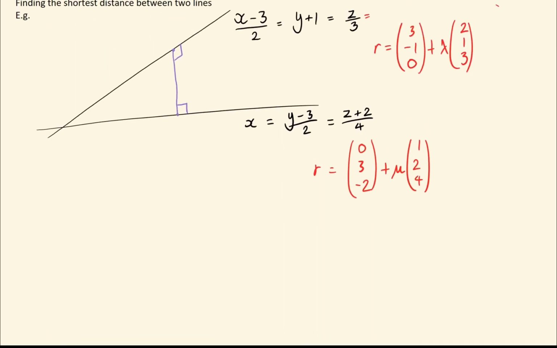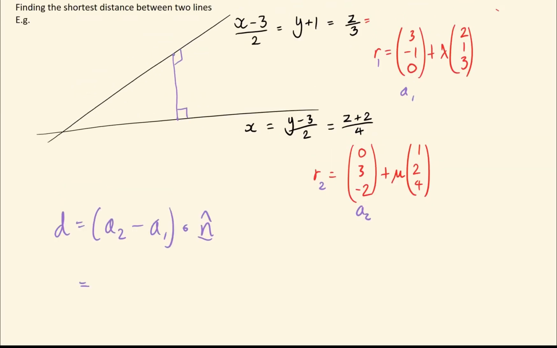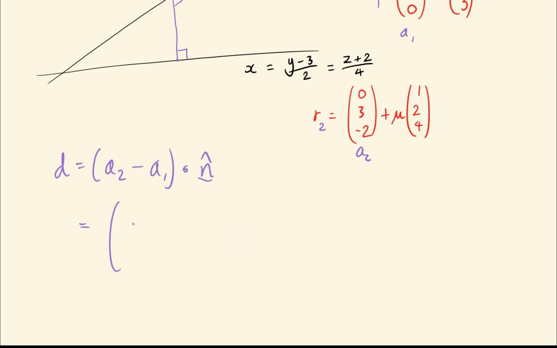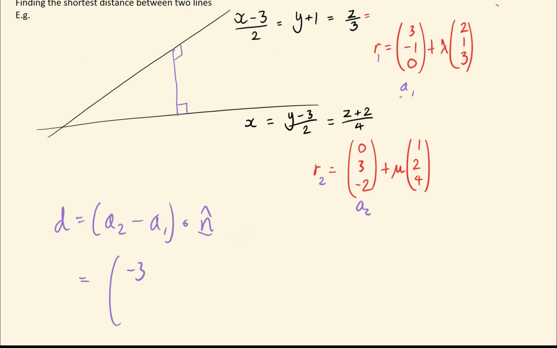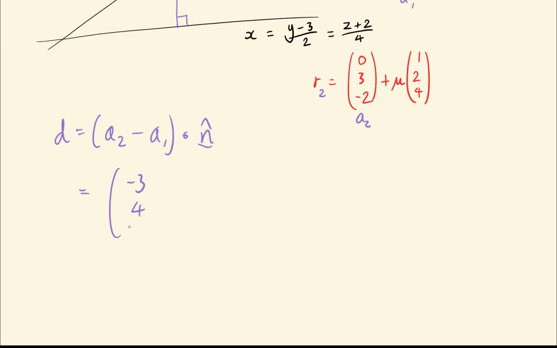Our formula, as we just saw, is the distance between the two position vectors dotted with the unit normal vector. I'll call these R1 and R2, so this is A1 and this is A2. A2 minus A1 is 0 minus 3, which is minus 3, 3 minus minus 1, which is 4, and minus 2 minus nothing, which is minus 2, and we want to dot that with a unit normal vector.